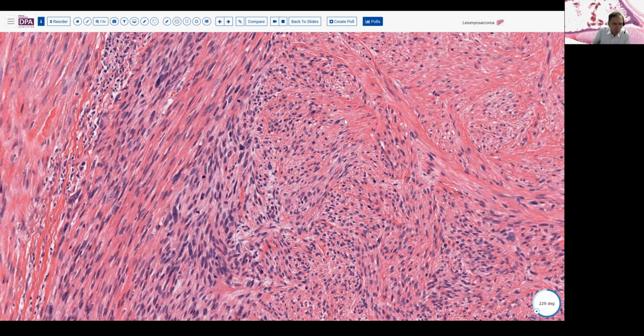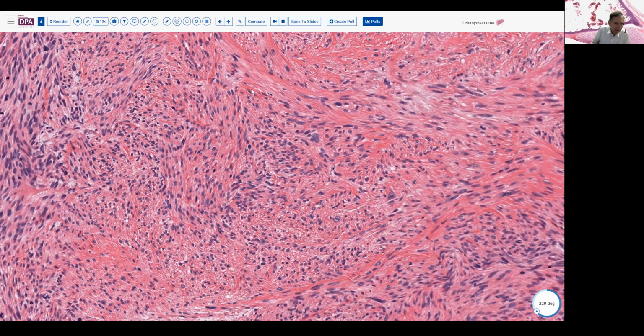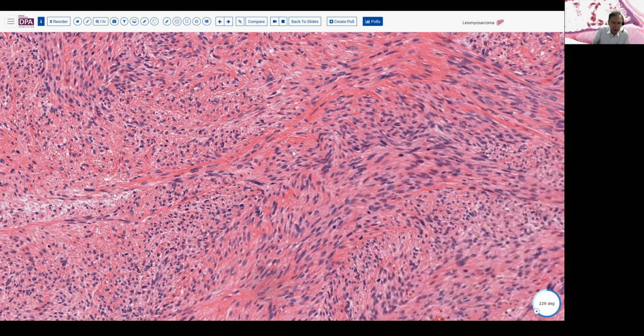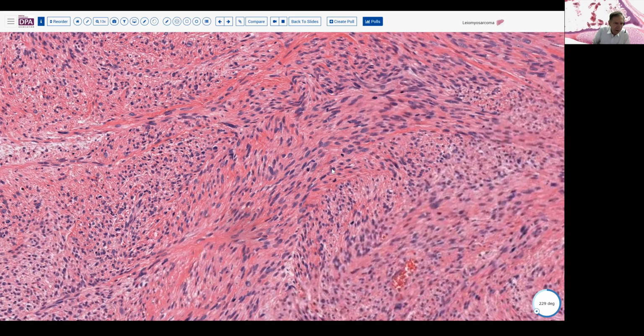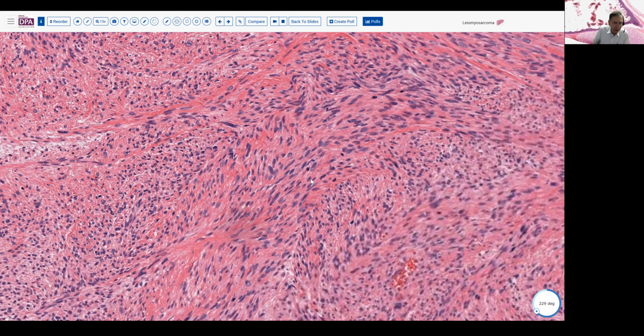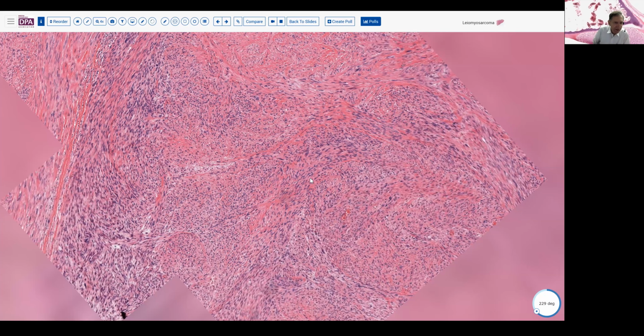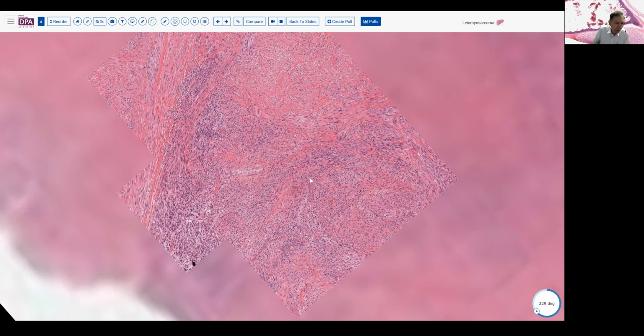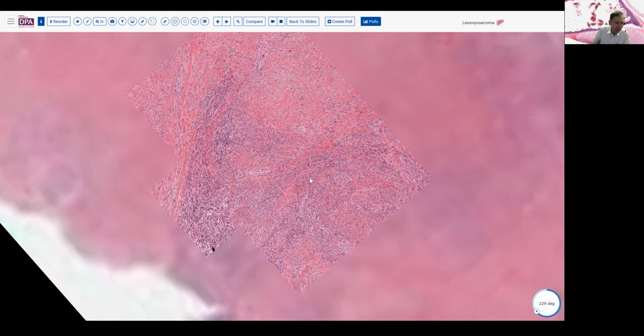And it has this kind of wavy cytoplasm that really nicely suggests leiomyosarcoma, or at least a proliferative pattern. So is this a leiomyosarcoma, or is it another smooth muscle tumor with mitotic activity?